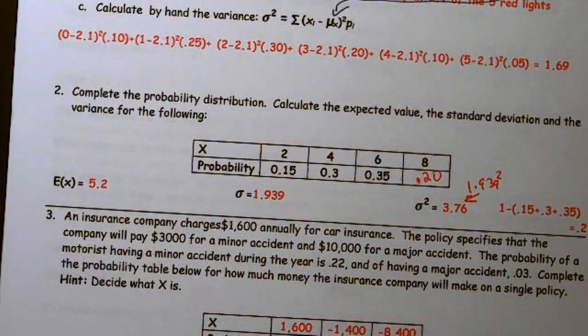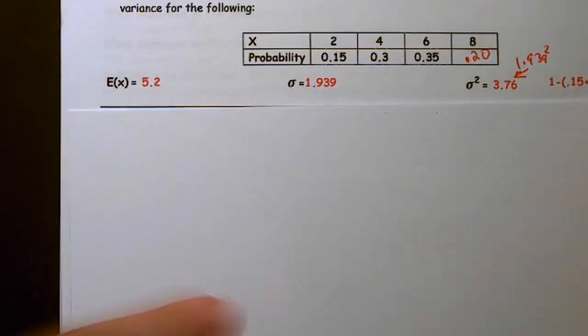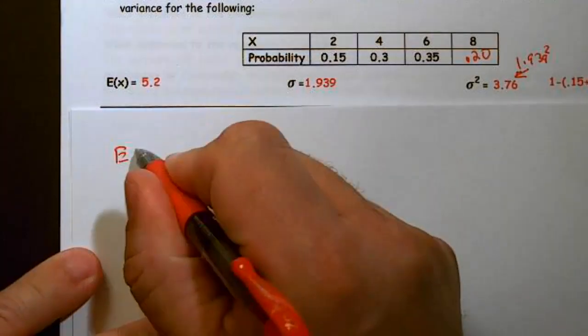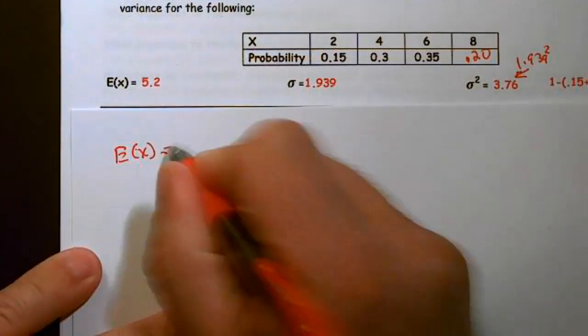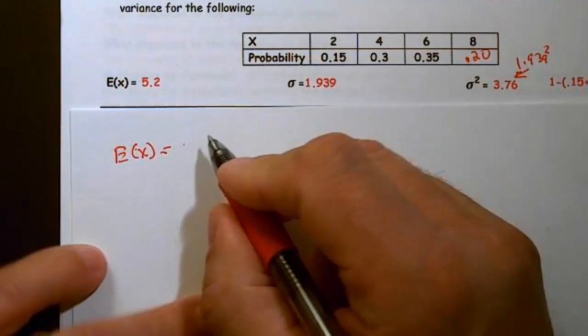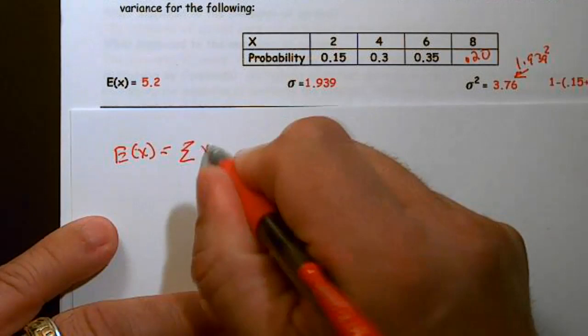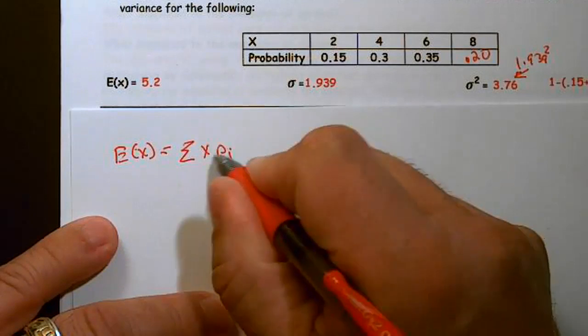Now to show my work, because I didn't do it on this one, the expected value is the sum of the x's times the associated probabilities.